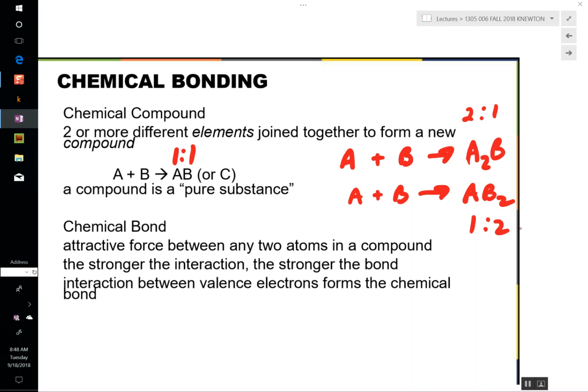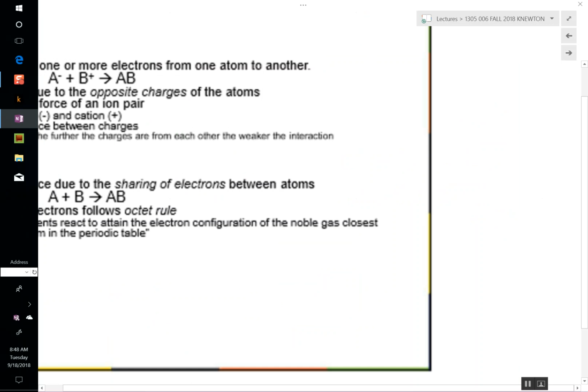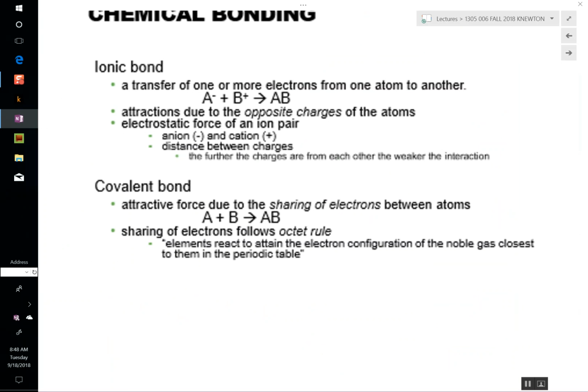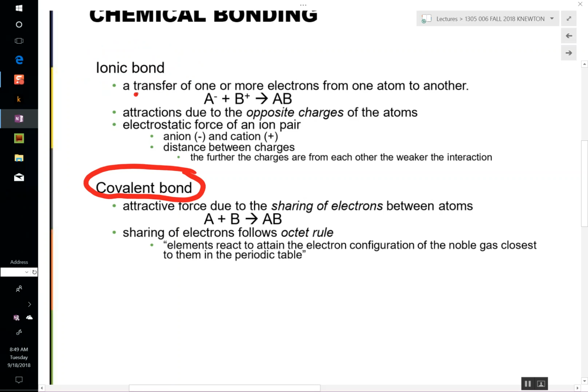A chemical bond forms. There's a chemical bond that now is binding A to B. And the nature of that bond can be two different kinds: ionic or covalent. Ionic, that's the key word.